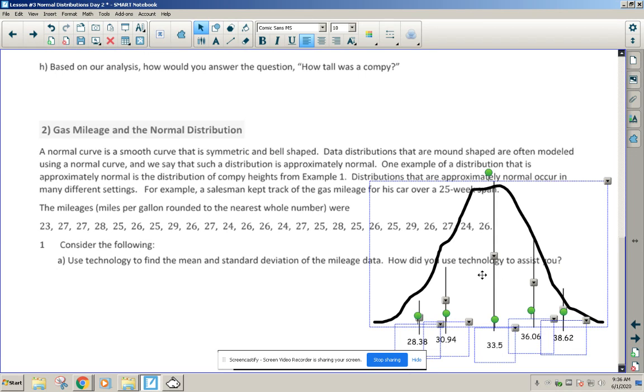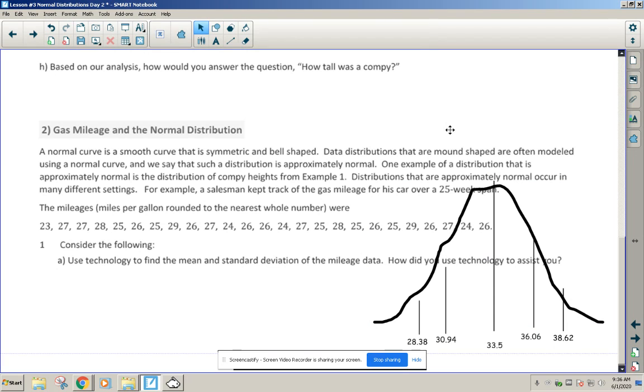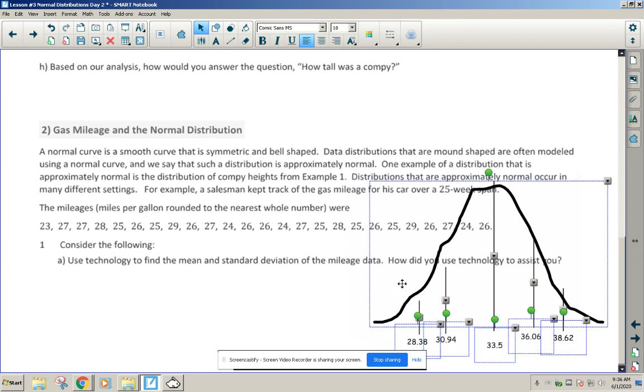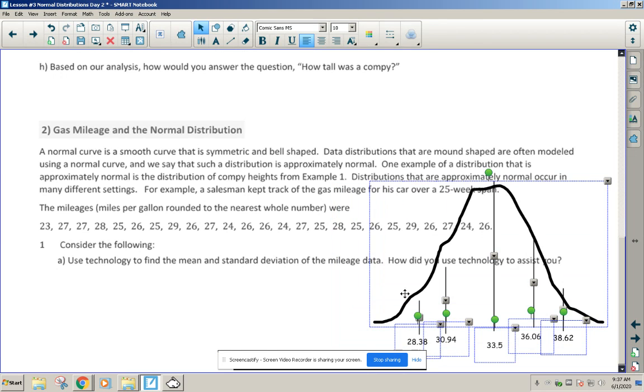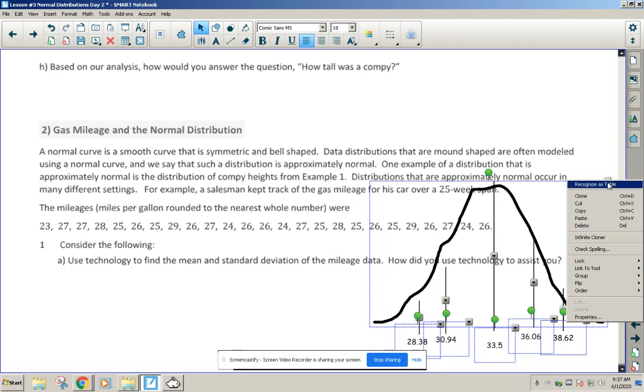All right, and now I have to move this. Let's try it again. Group first, maybe.